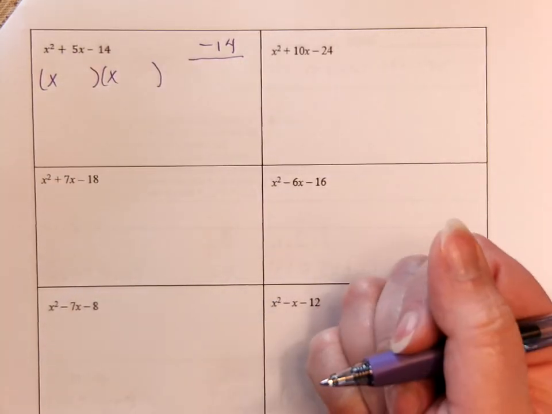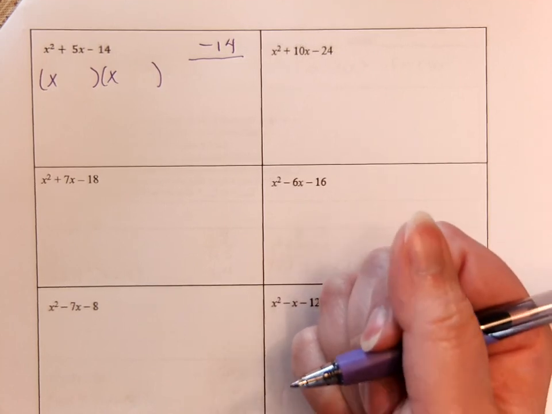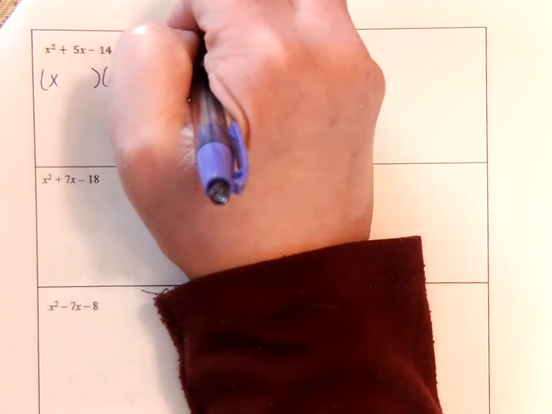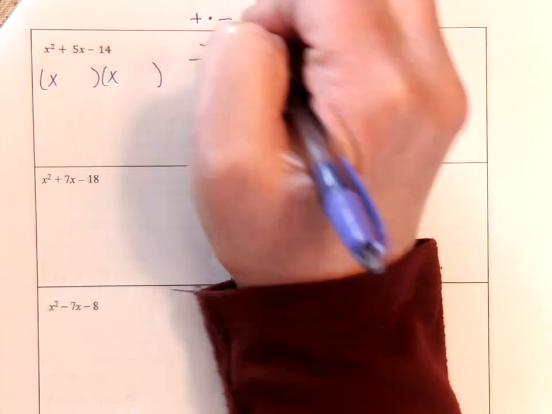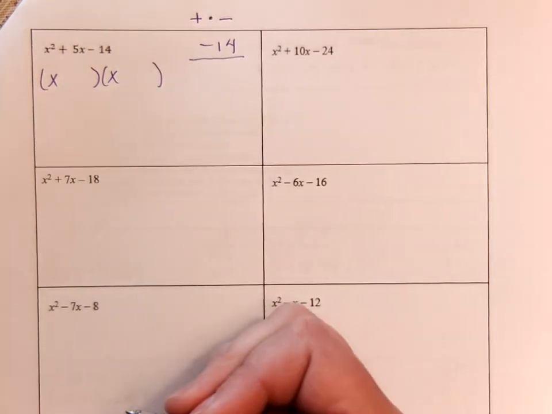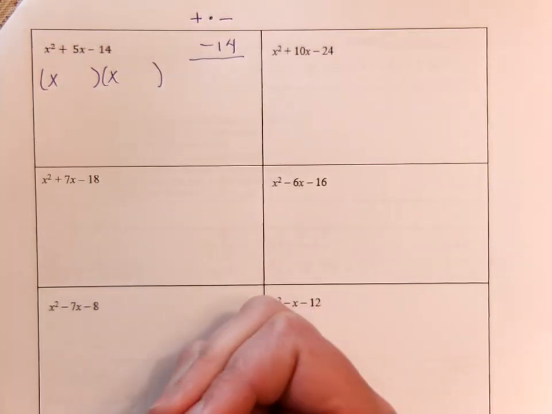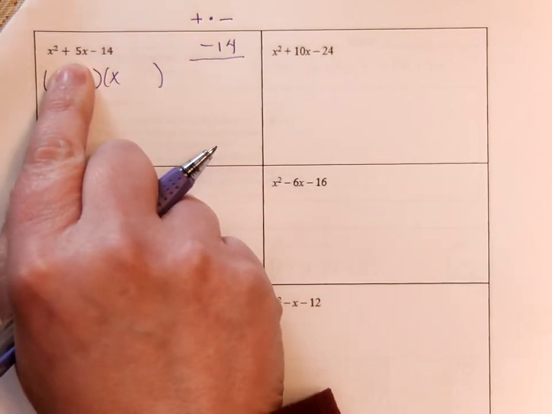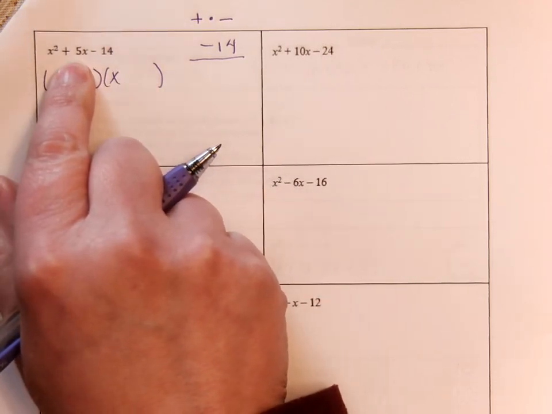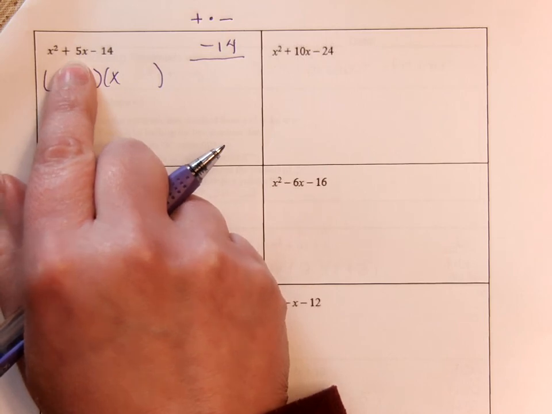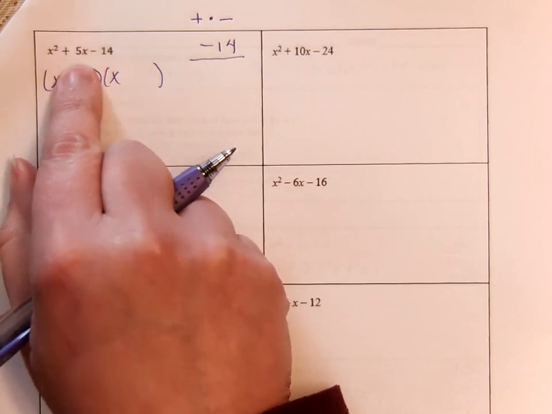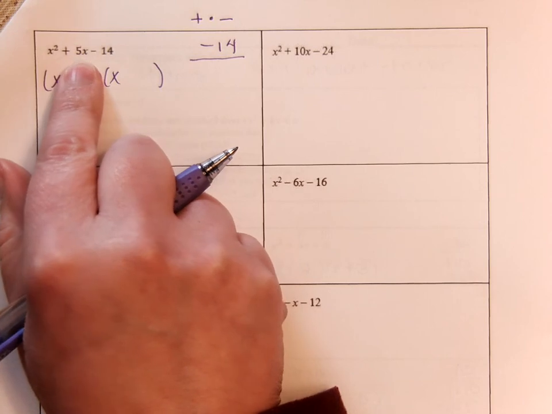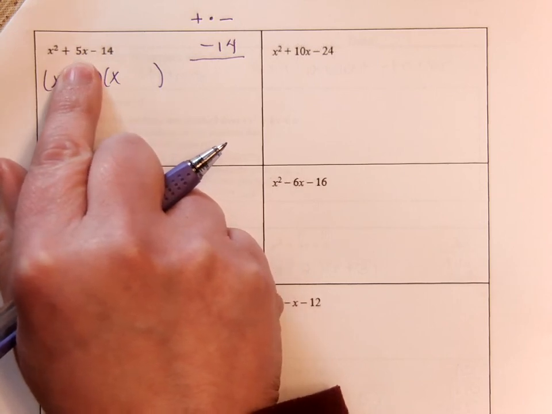So when we multiply to get a negative number, one number has to be positive and one number has to be negative. It doesn't matter the order, but when we have to figure out which numbers need the positive and negative, it comes down to how we add them together to get a +5.